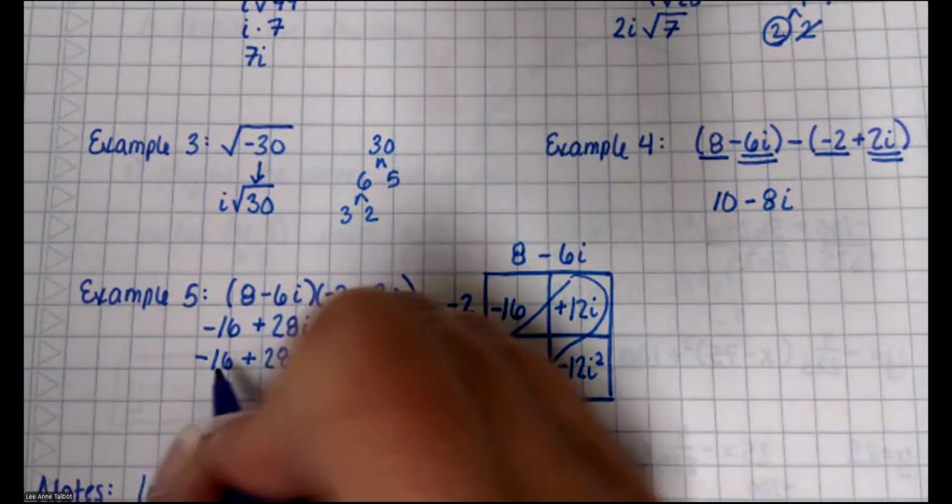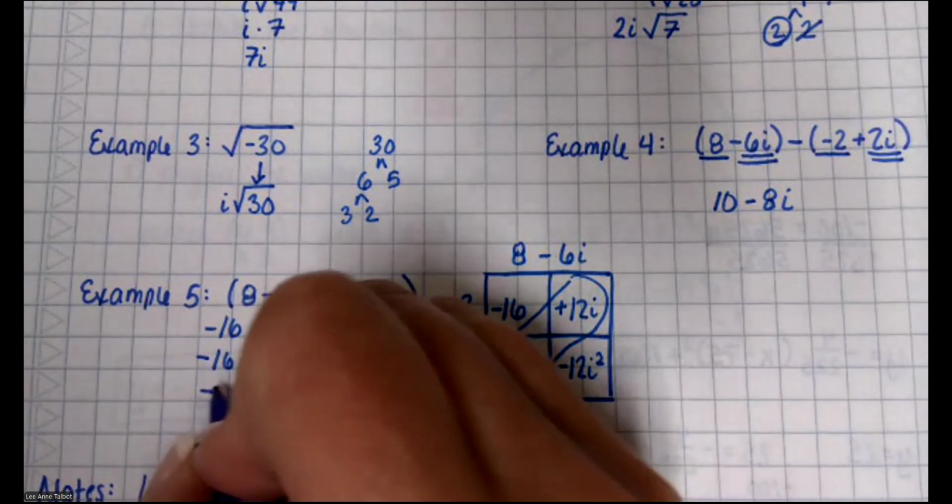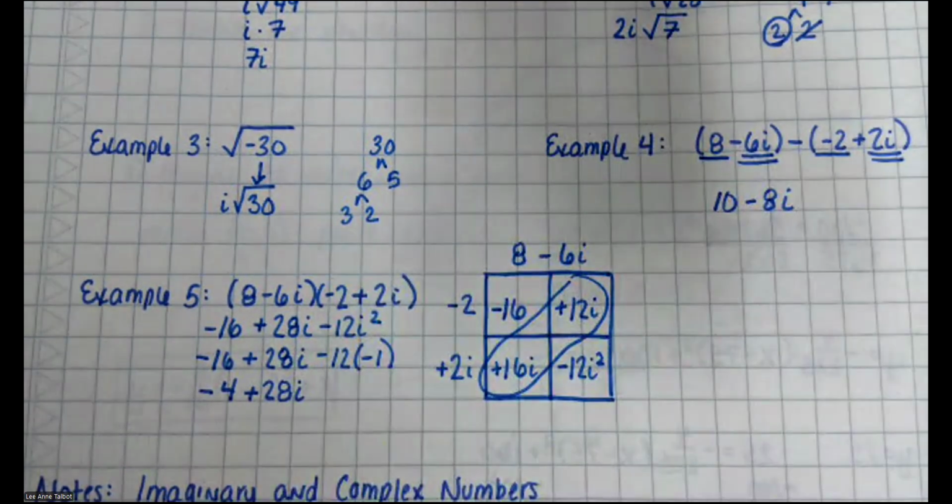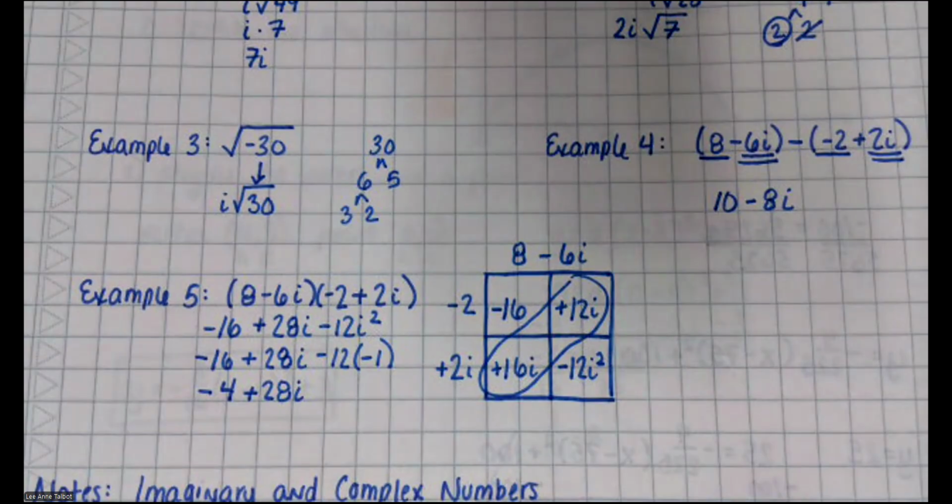And this becomes negative 16 plus 12, which is negative 4 plus 28i. Do you remember doing those? Okay. So just the thought, i squared is negative 1. You have to keep going.